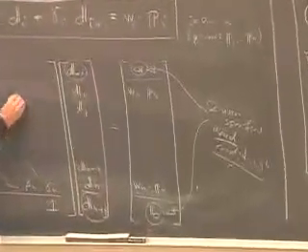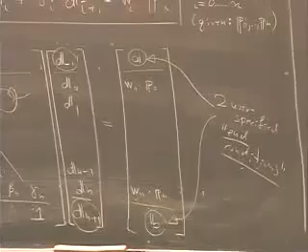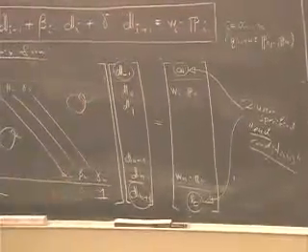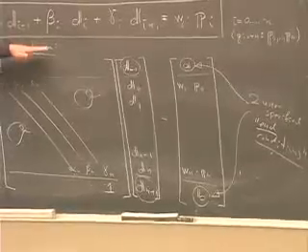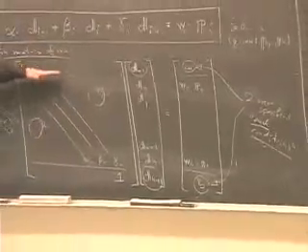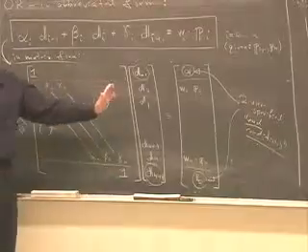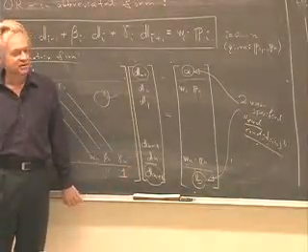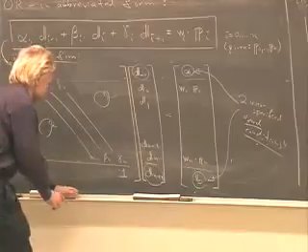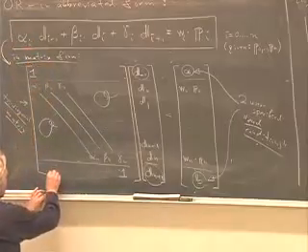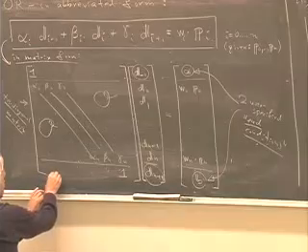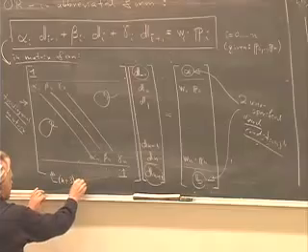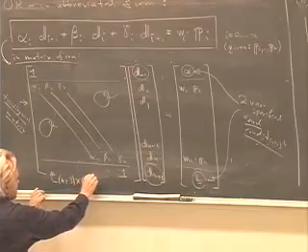So this is all 0, and all this is 0 and this is 0. Now you have a system that consists of n plus 3 rows and n plus 3 columns for n plus 3 unknowns, and you are happy, right? So this is an n plus 3 by n plus 3 matrix.